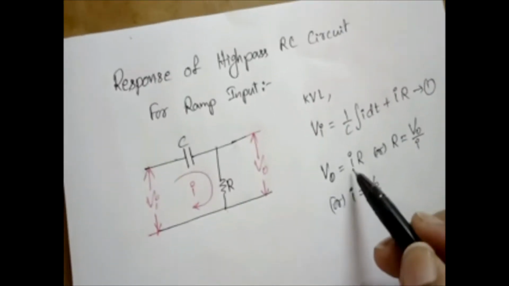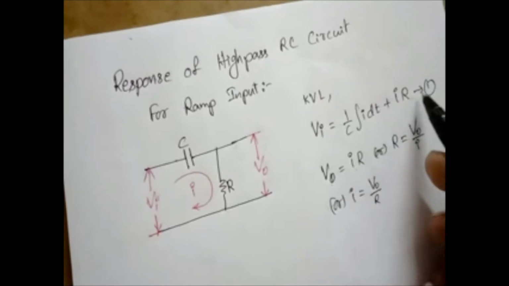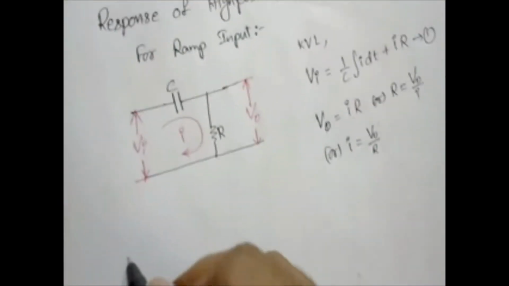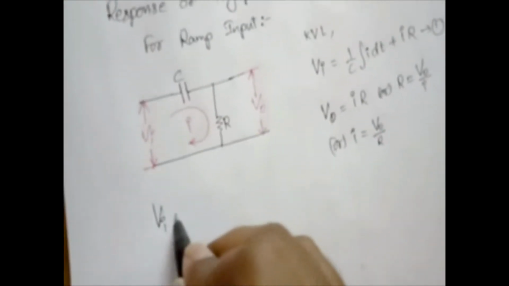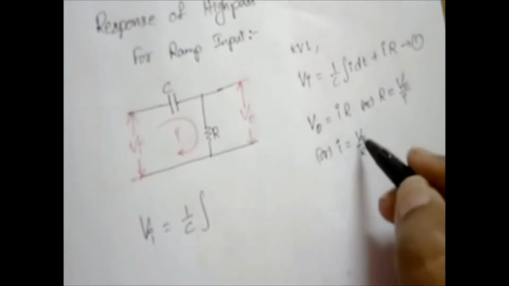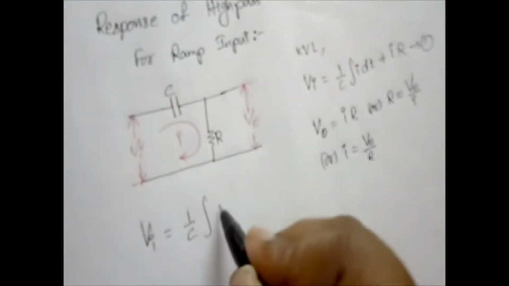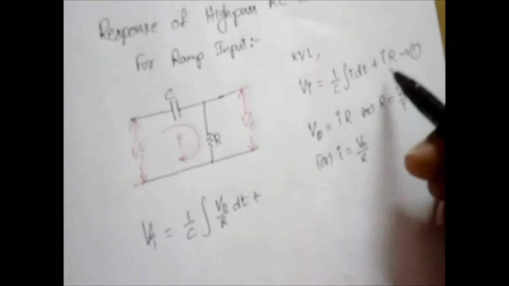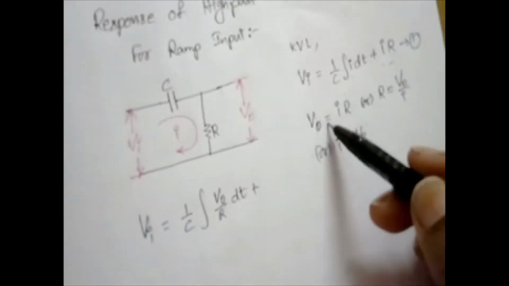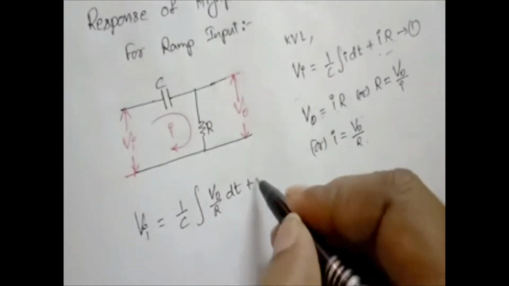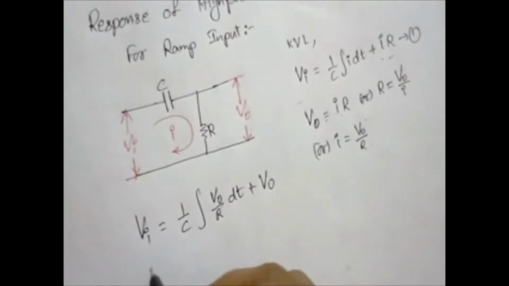So let us substitute V0 is equal to IR in the first equation and I is equal to V0 by R. Then we get the equation Vi is equal to 1 by C integral V0 by R dt, plus V0 in place of IR. So this is the equation.